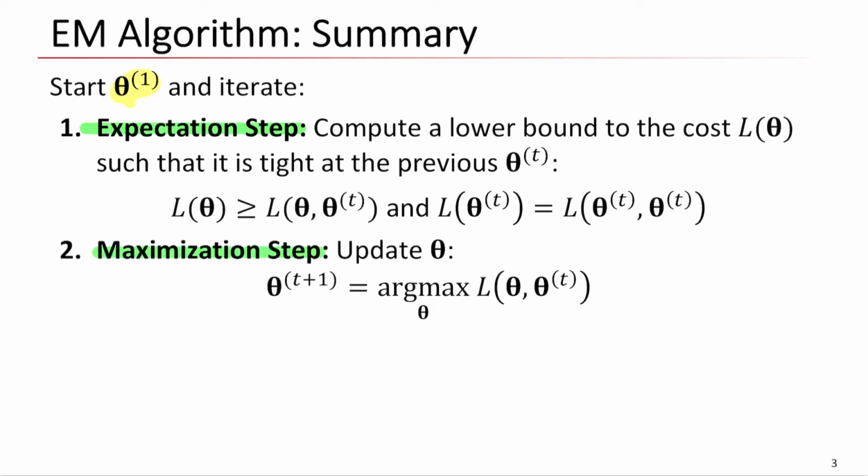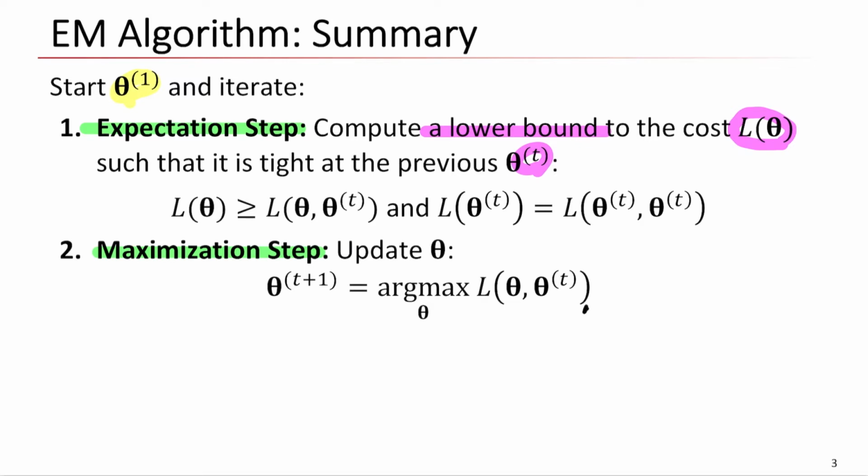Okay. First of all, in the expectation step, we compute the lower bound to the cost L of theta, such that it is tight at the previous theta t. What does it mean?